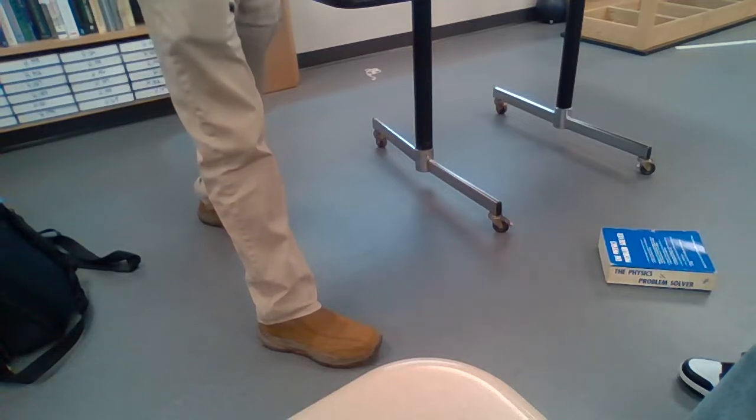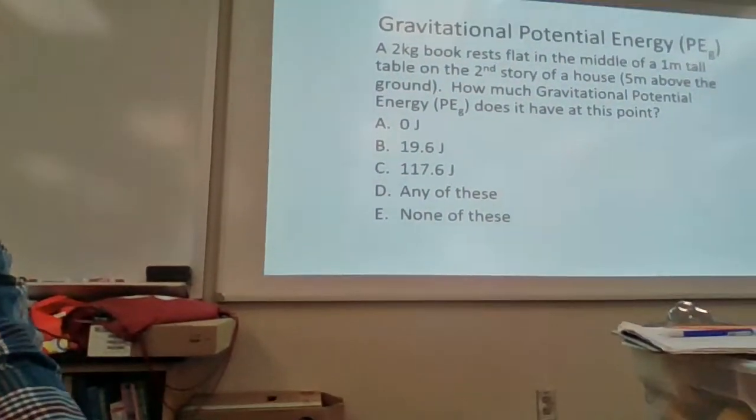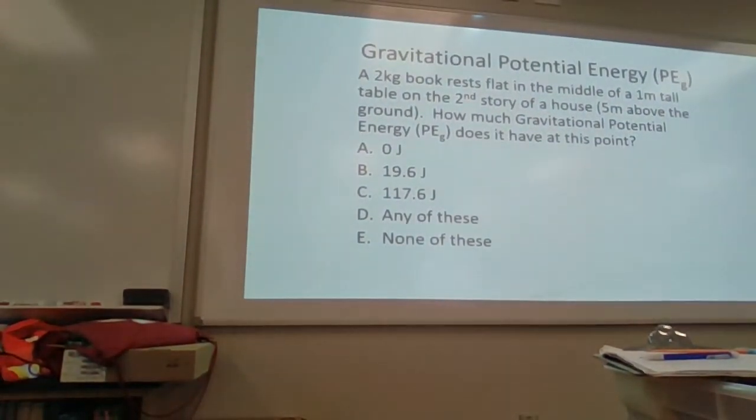Whatever your scenario is, what is the lowest point that you care about? Make that ground zero. So your value of potential energy can change depending on where you make ground zero. You can make it anywhere you want to. However, there are places where it's smarter to make it than others, depending on your scenario, depending on the problem. Okay? Good with that?